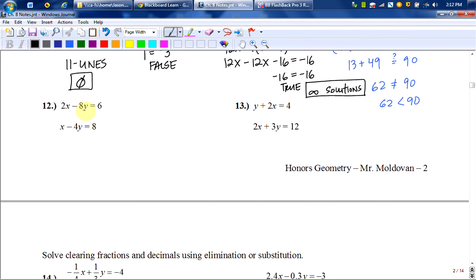So number 12, we'll try elimination method, and maybe we'll multiply the bottom equation by -2. And we'll keep the top equation just as it is. And my goal in choosing to do this is I'm going to get the y's to cancel.